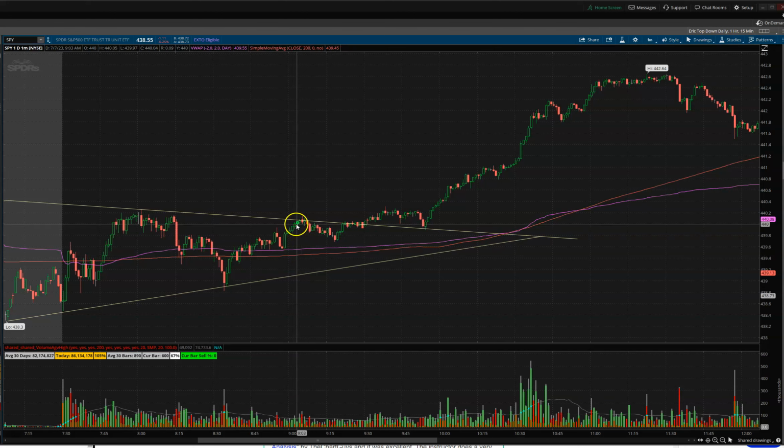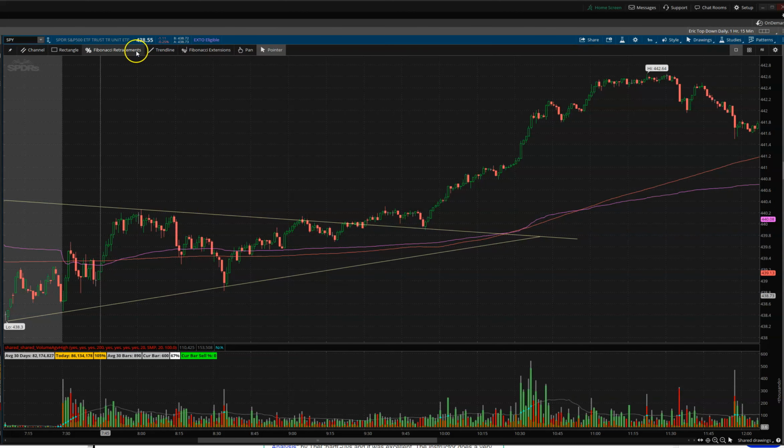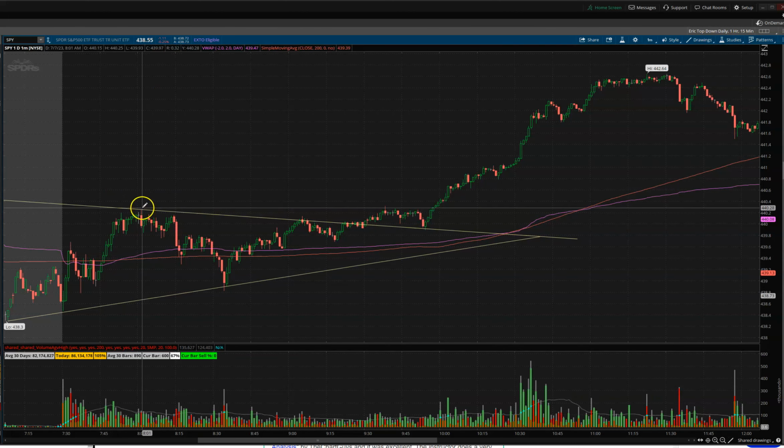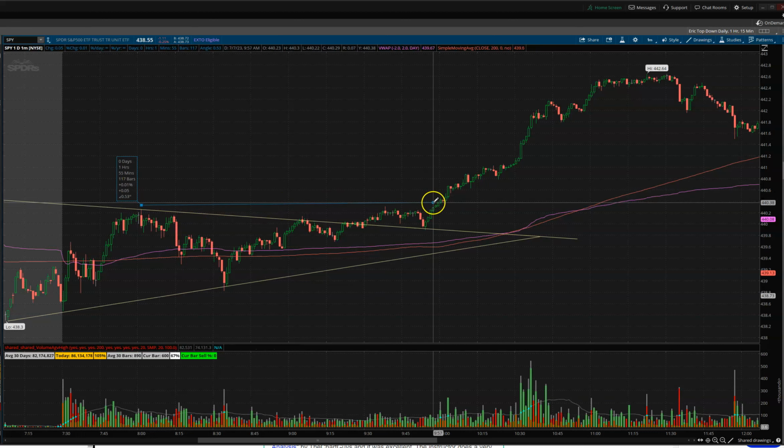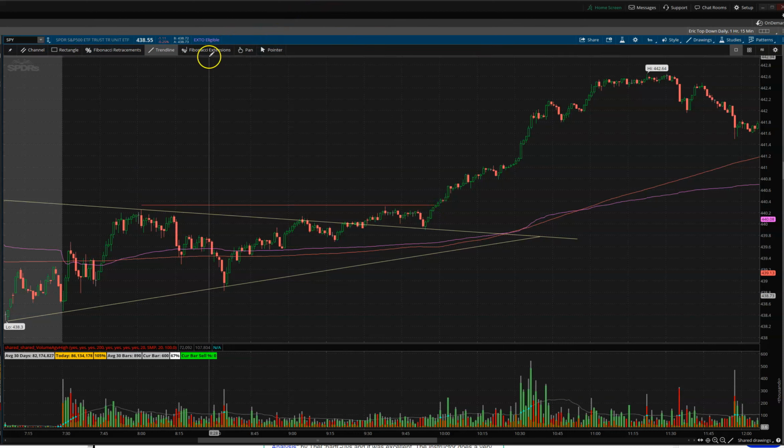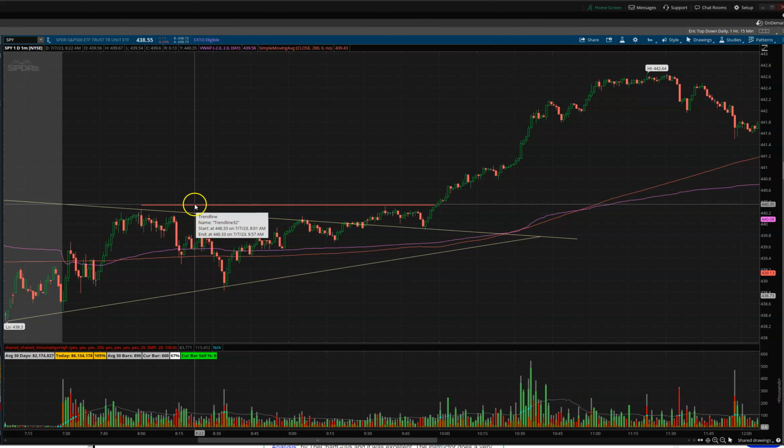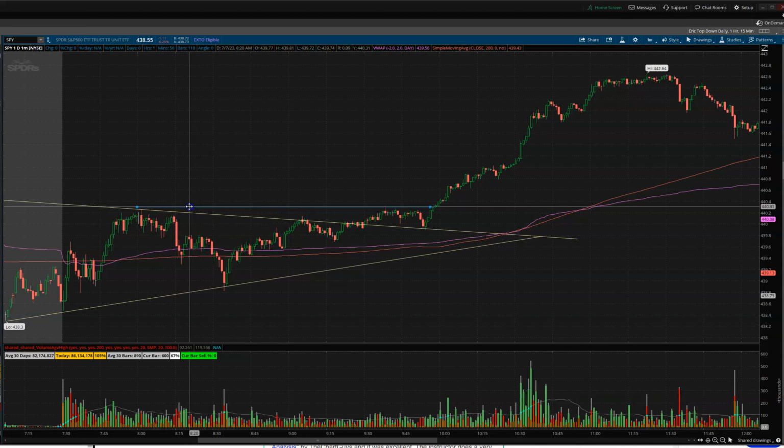So I entered right here on the trend line, and I set my invalidation point right about here, which was just above the high of day to that point. So it was a little bit below that. Okay, so entered right here. Invalidation point was high of day.